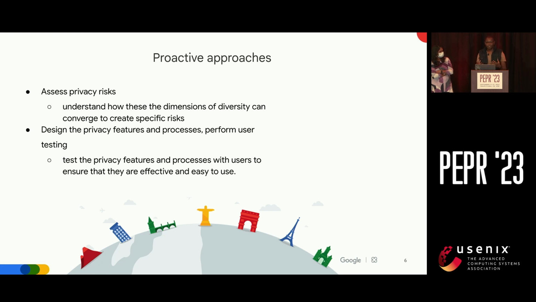There are different ways. You can use inclusive design approaches where you involve the individual users, or the users from these different groups or locations, to make sure that whatever controls or features you're designing are usable for these target groups.